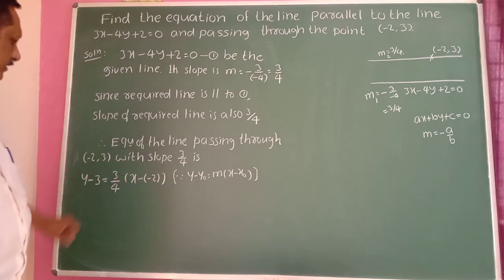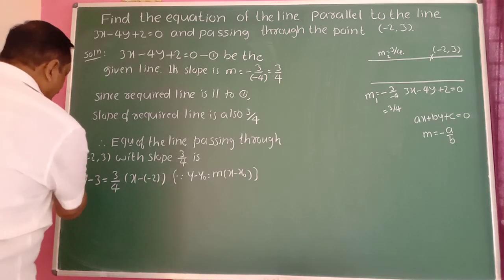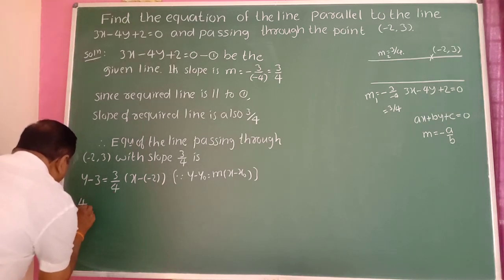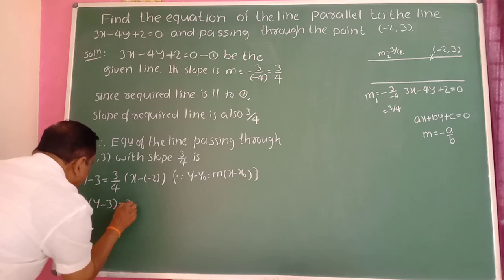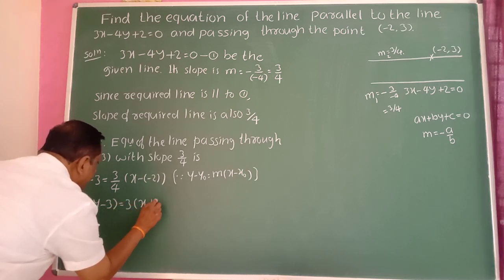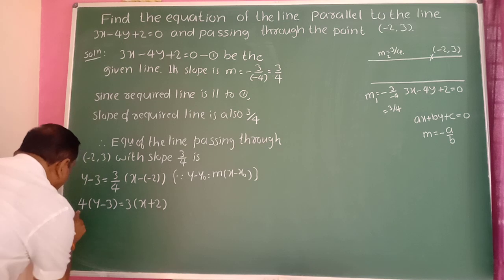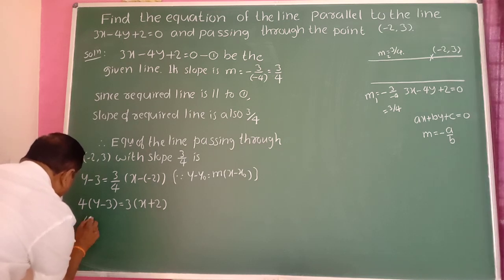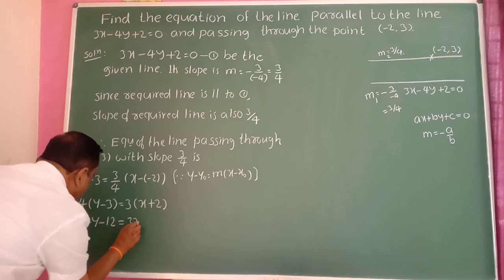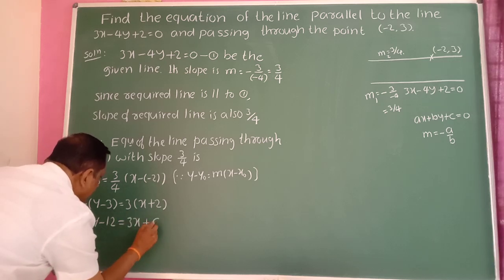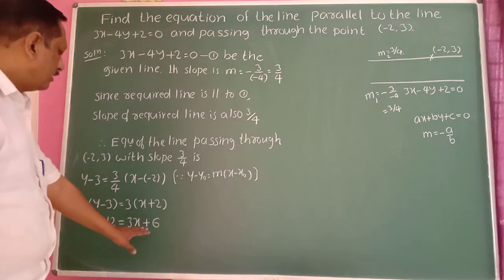Using the formula, take 4 this side, cross multiply. 4 into bracket y minus 3 is equal to 3 into x plus 2. Take 4 inside the bracket: 4y minus 12 is equal to 3x plus 6, since 3 twos are 6. Now take all the terms to the left side.